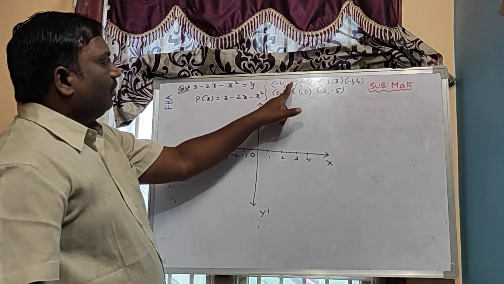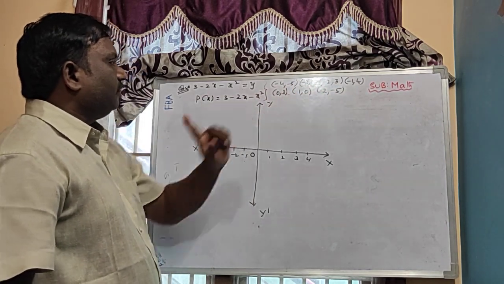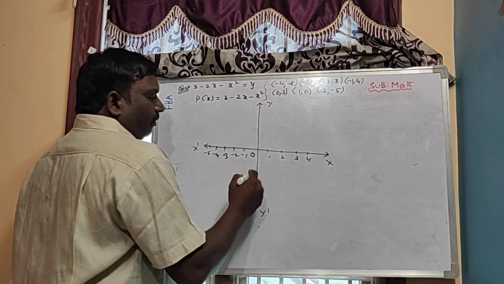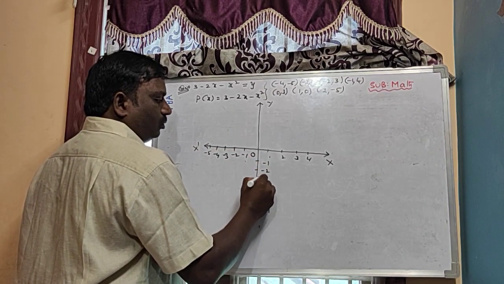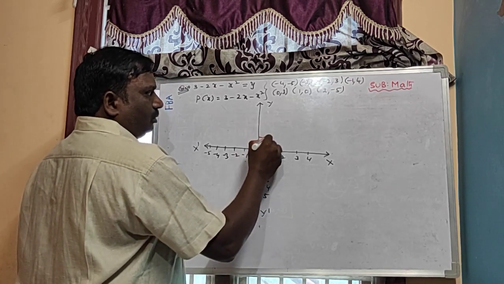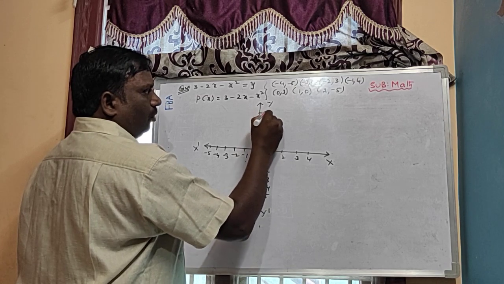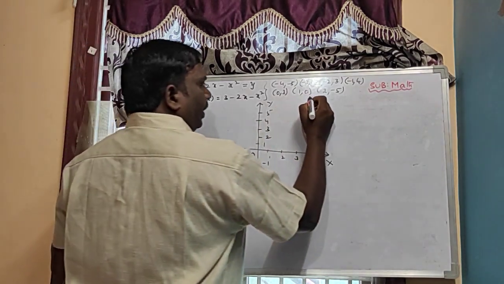On the y-axis, see the values: minus 5, 0, 3, 4, 0, 3, 0, minus 5. So up to minus 5 we have to write: minus 1, negative y-axis minus 2, minus 3, minus 4, minus 5, and 1, 2, 3, 4, 5. Okay, so the scale you can write.